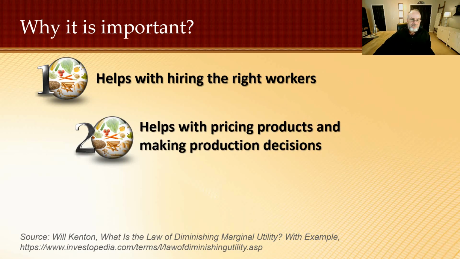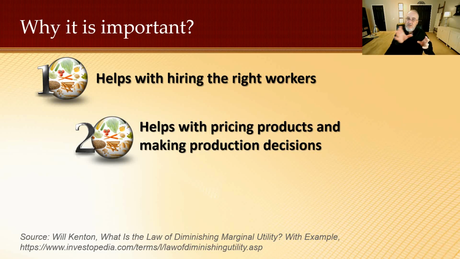Secondly, it helps with pricing your products and making production decisions. Because I'm aware that every unit my customer consumes is going to be worth less to them, it's less utility, I can use that in the way I price my products. So I may offer the first cone of ice cream, say, for $5.